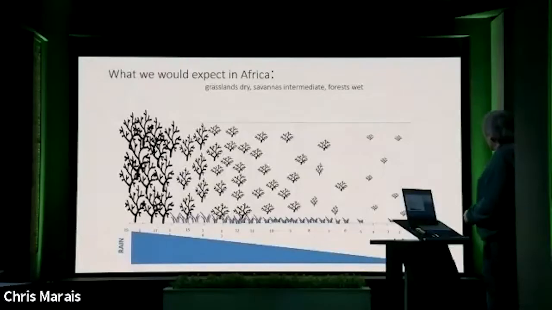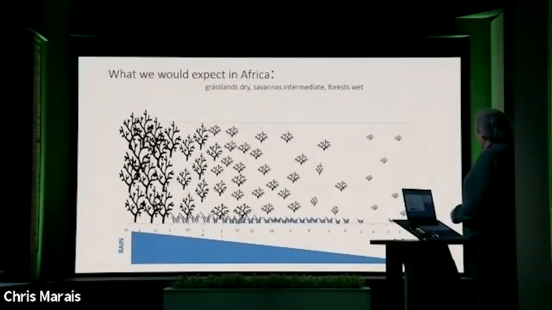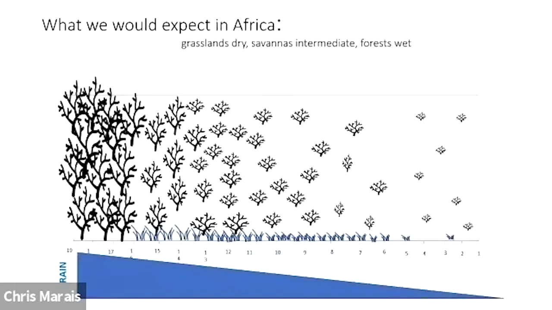So what we might expect in Africa, if you look along a rainfall gradient from dry to wet, you look at the little line, those are the grasses there. Don't you like my artwork? No, I'm not very gifted, I admit, in artwork, but it's not bad, eh? At the dry end, it's too dry for grasses, and it's mostly shrubby.